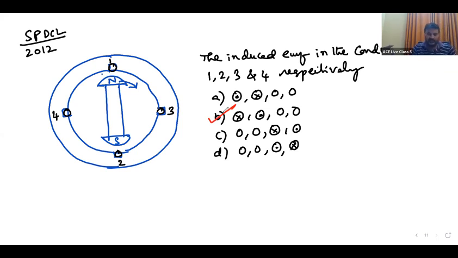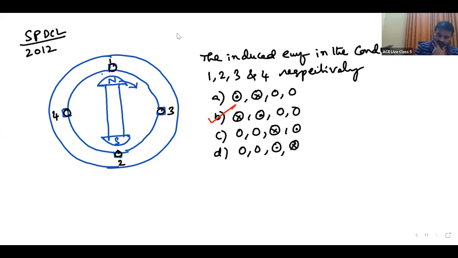You can directly keep the flux direction upwards. The pole is moving clockwise, but the conductor is assumed to be in the counterclockwise direction. You need to assume counterclockwise. So this is the flux direction.